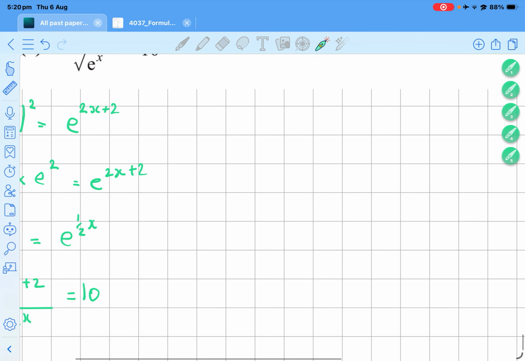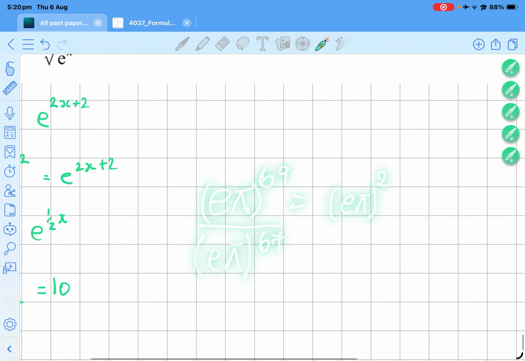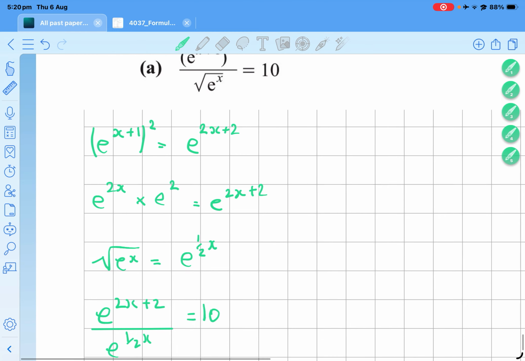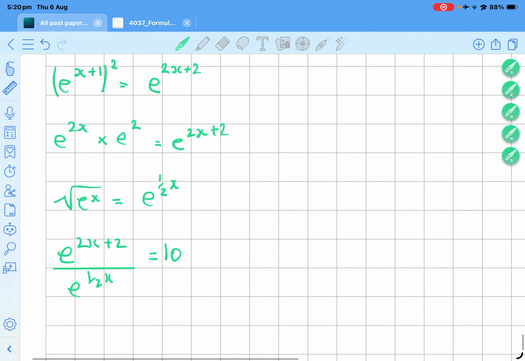Similarly, if I have e times pi, whole thing raised by 69, over e times pi, whole thing raised by 67. Now don't start the 69 and 67 joke, please. So all of this is e pi raised by square. Why? Because 69 minus 67 is 2.